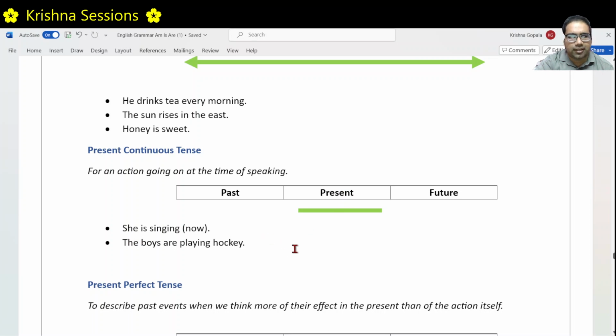The boys are playing hockey. At the time of making that statement, the boys are playing. That is why this is continuous, because the action is continuous. The action has not stopped. The action is happening at that point, at the time of the speaker making this statement.